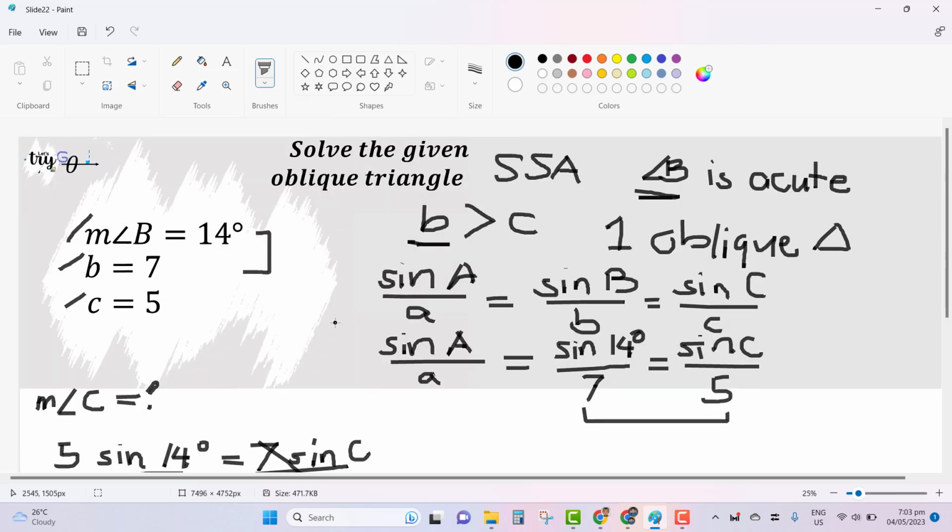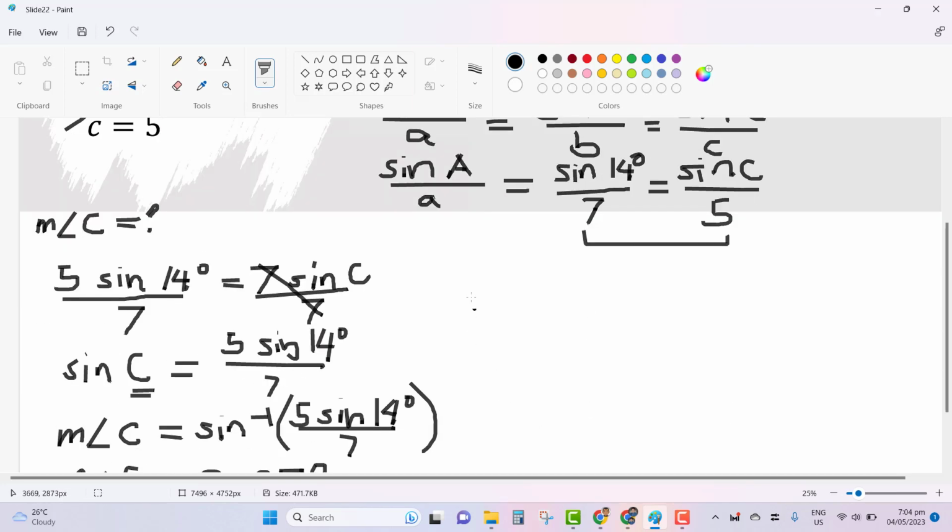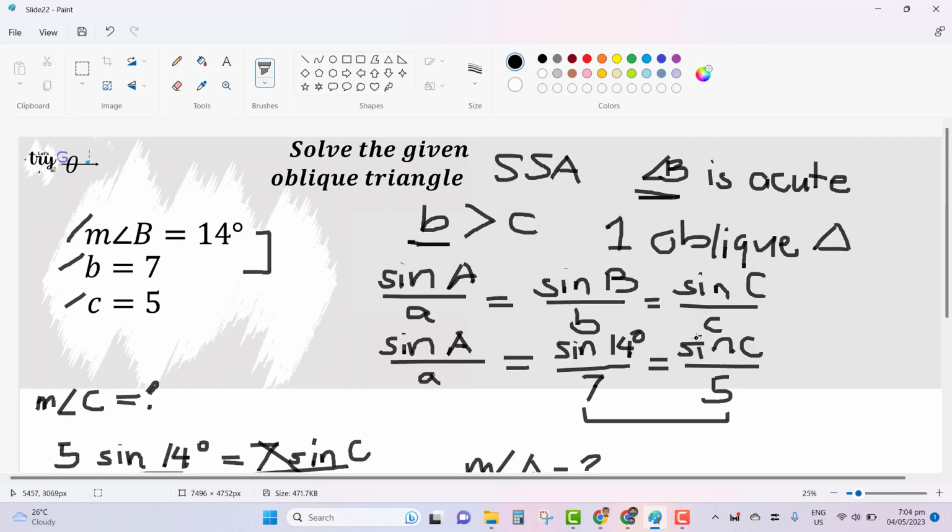Next, using that value, we could solve the measurement of angle A. In order for us to solve the measurement of angle A, we simply apply the triangle angle sum theorem, which tells us that the sum of the 3 interior angles of any triangle, which also includes a big triangle, is 180 degrees.